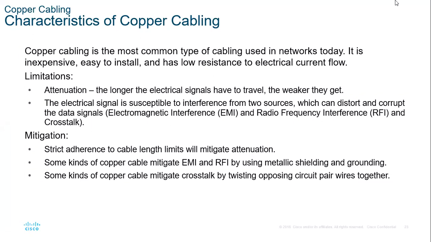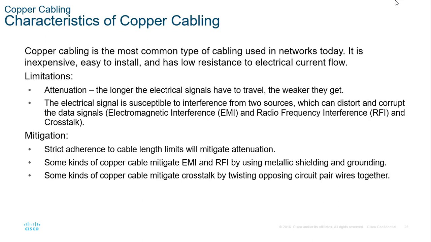Limitation, attenuation: the longer the electrical signal has to travel, the weaker it gets. That means while we send any electrical signal over a long data path, the signal attenuation or signal frequency degrades. At the end, we get a less frequency signal.